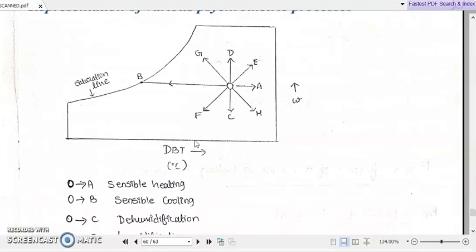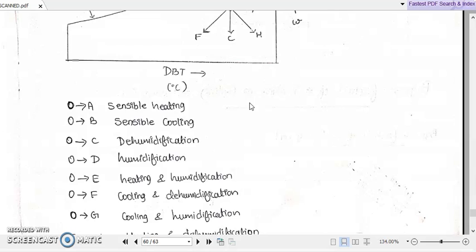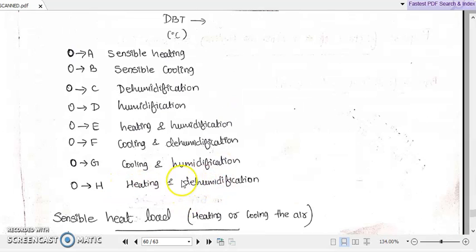If you draw another line just opposite to O to G, it will be in the direction O to H. O to H represents both a decrease in the humidity content as well as an increase in the dry bulb temperature. So O to H represents dehumidification as well as heating, a combined process of heating and dehumidification.